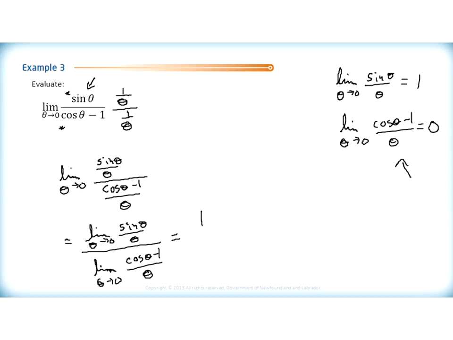I get 1 on the top and I get 0 on the bottom. So you might think that means I'm out of luck and I can't finish this, but 1 is a constant, and a constant over 0 is actually not an indeterminate form. So the only answer we can have here is that the limit does not exist. Okay? So there's a fun one.